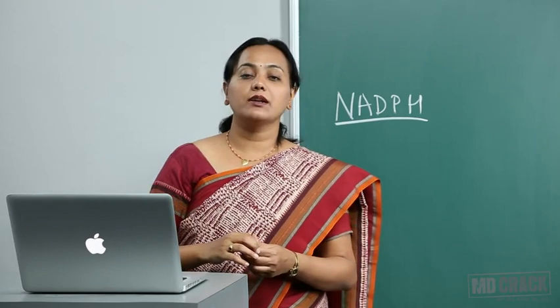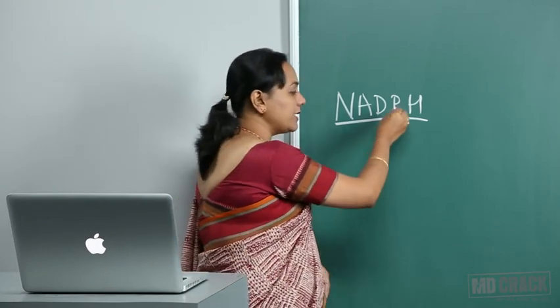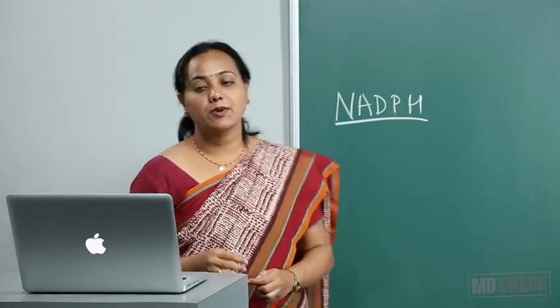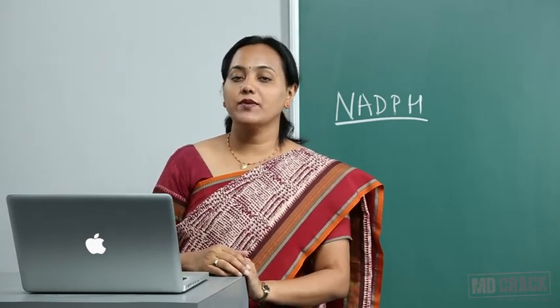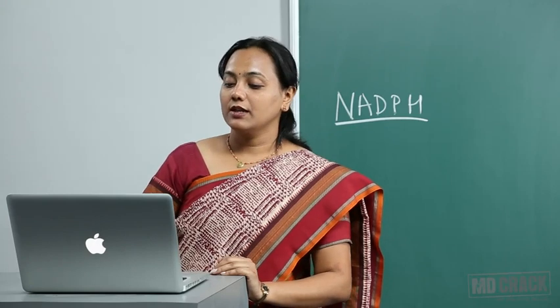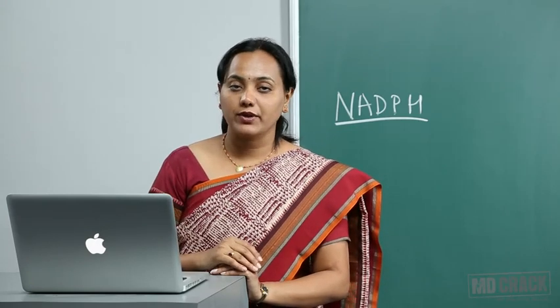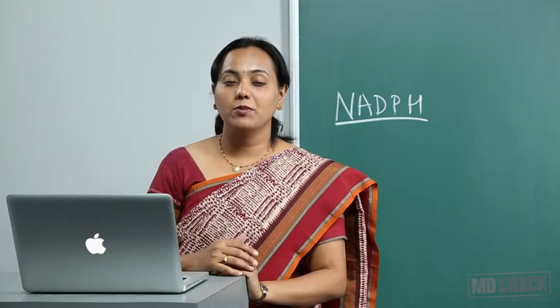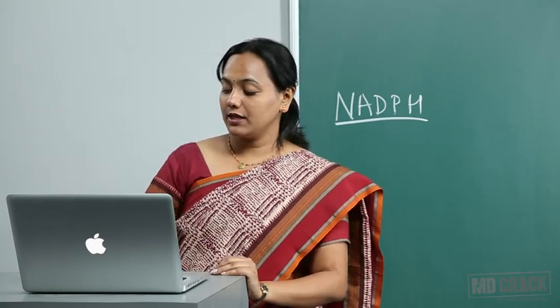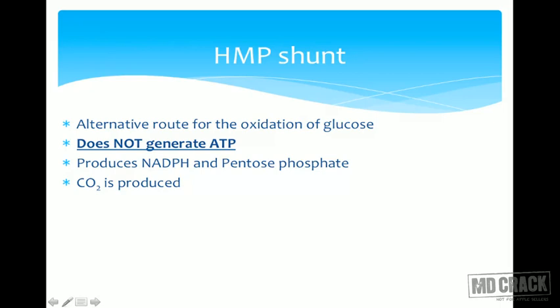The reduced form of NADP is NADPH that is produced, and it also produces pentoses or pentose phosphates in HMP shunt. That is the main purpose of this pathway, not to generate energy but to produce NADPH. I'll be talking to you about the uses of NADPH also in this session. Now, carbon dioxide is also produced here, so that's why it is oxidation of glucose.